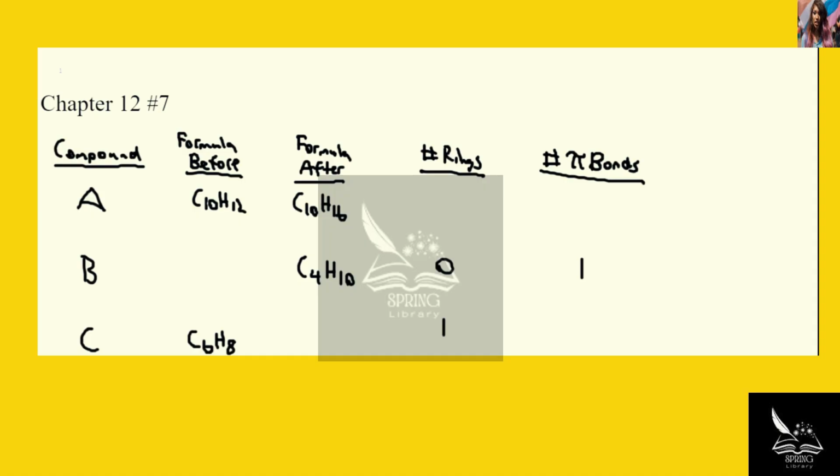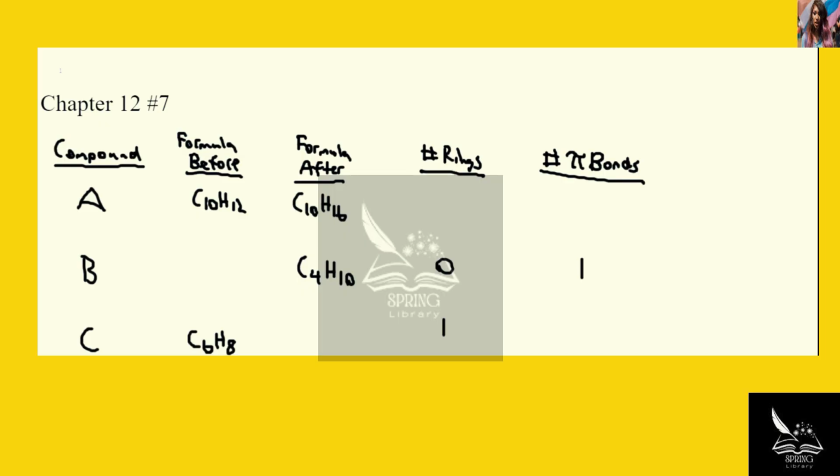The information we get is the formula before hydrogenation, the formula after hydrogenation, the number of rings, and the number of pi bonds in a molecule. For A, B, and C, we have some information for each, and we need to fill in what we don't have.